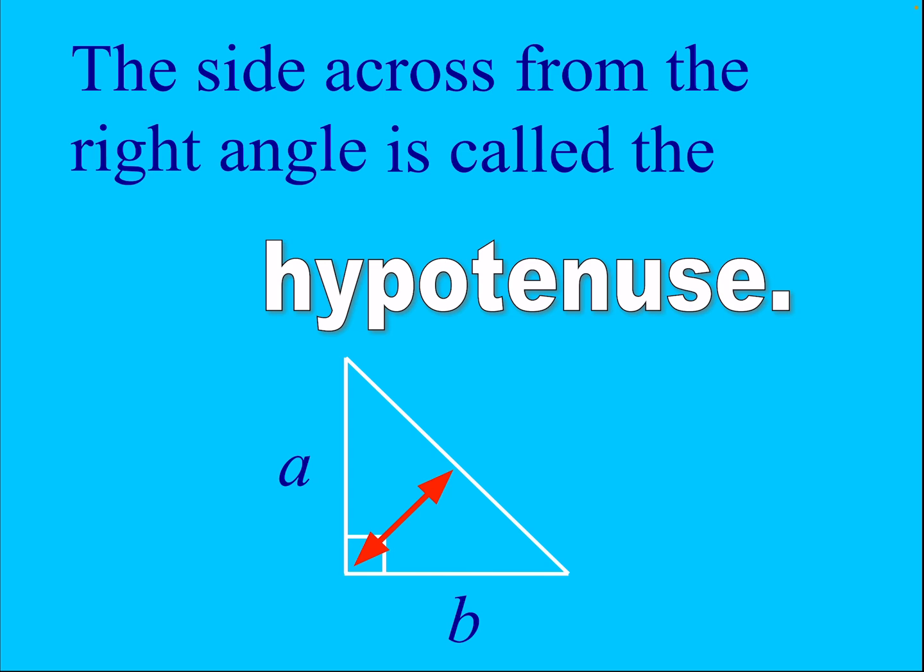It's not the hippopotamus, it's the hypotenuse. Okay, I know it's a funny word. Every year people laugh, haha. Anyway, so the hypotenuse is always the longest side, and it's always going to be the furthest away from the right angle. Okay, it's the one that's not touching or creating the right angle. It's the one directly across.